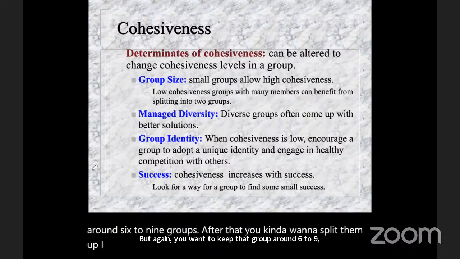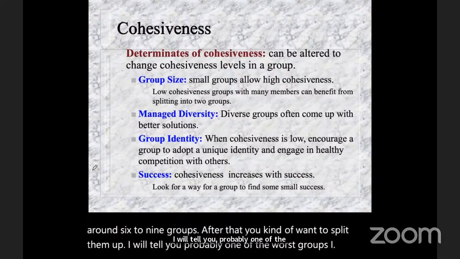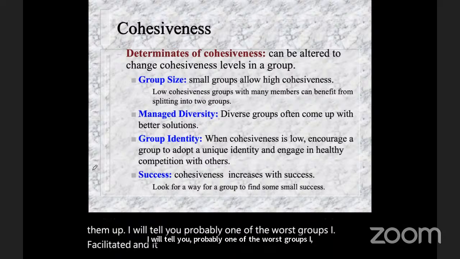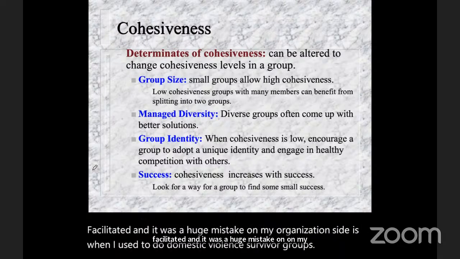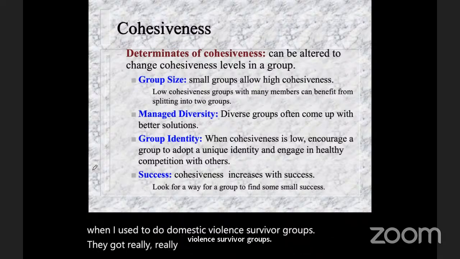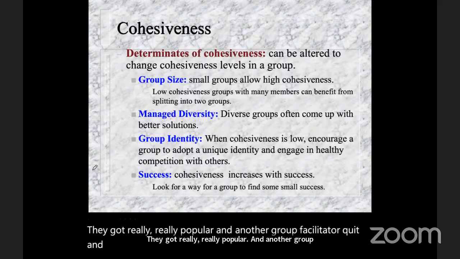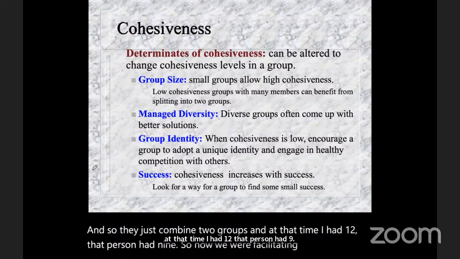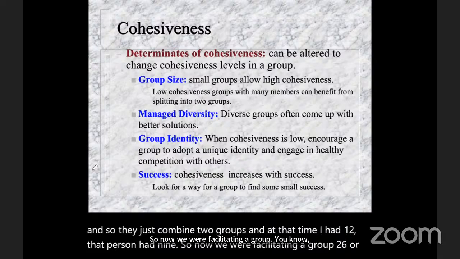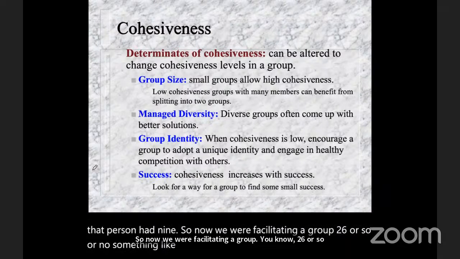I will tell you, probably one of the worst groups I facilitated, and it was a huge mistake on my and the organization's side, was when I used to do domestic violence survivor groups. They got really, really popular, and another group facilitator quit. And so they just combined two groups. At that time, I had 12, that person had 9. So now we were facilitating a group of 25 or 26.